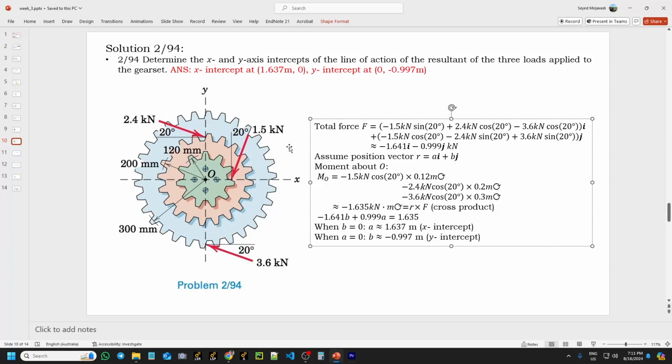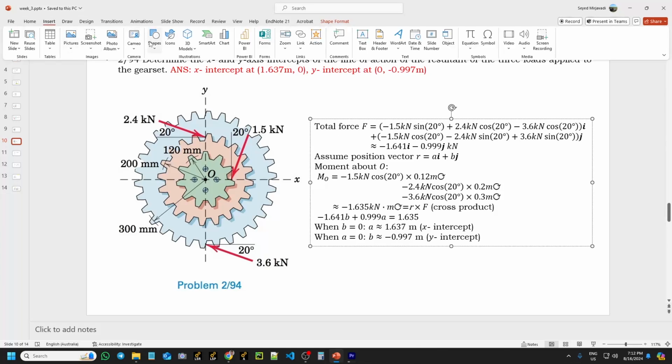So the total force, let us go one by one. The x component for this one will be 1.5 kilonewton sine 20, and it will be in this way.